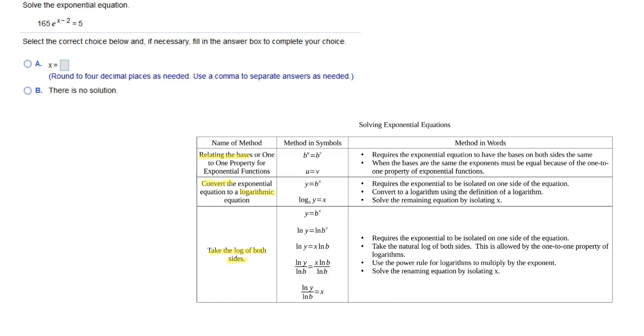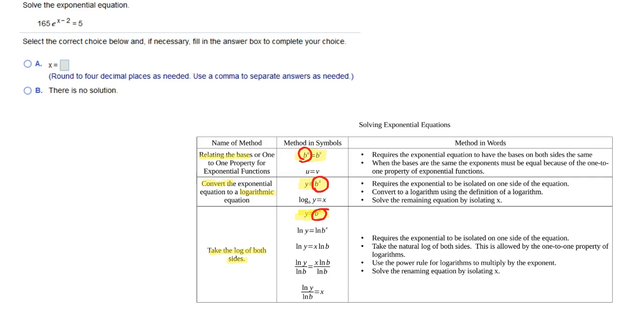But I wanted to stop for a second and look at these methods and show you that in order to do these methods, you have to have the exponential by itself on one side. On every single one of these, the exponential part, that's the b to the x part, is by itself on one side. So all of these methods require that.